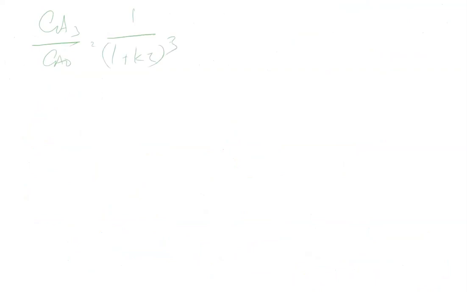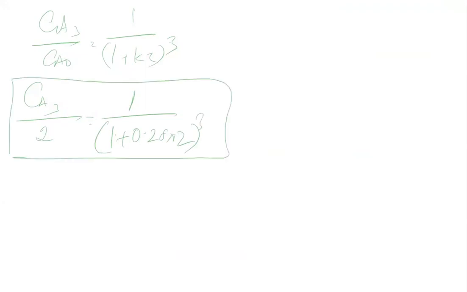What is Ca3? Ca3 divided by Ca naught, where K is 0.28 and tau is 2: 1 by (1 plus 0.28 into 2) whole cube.